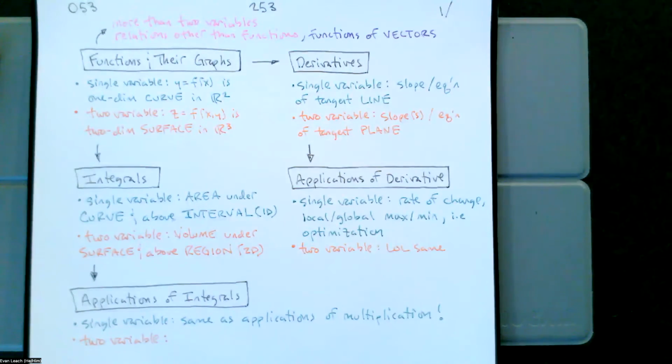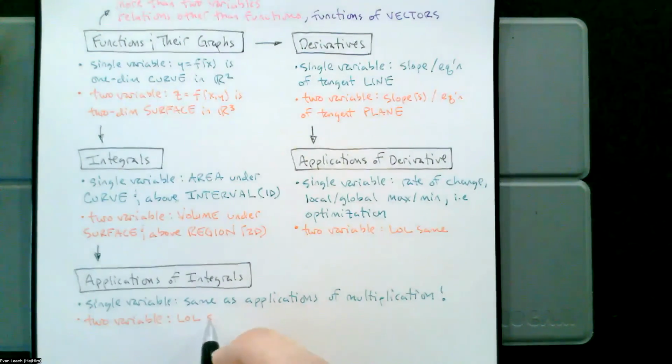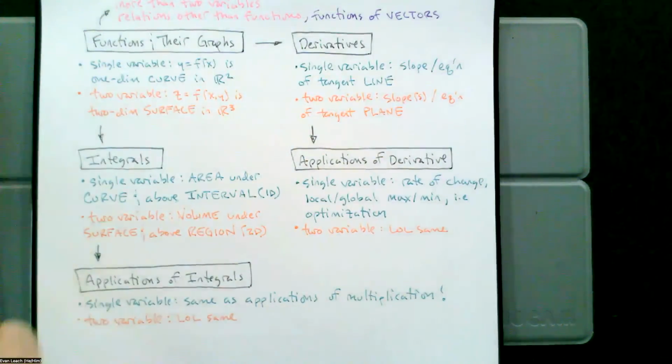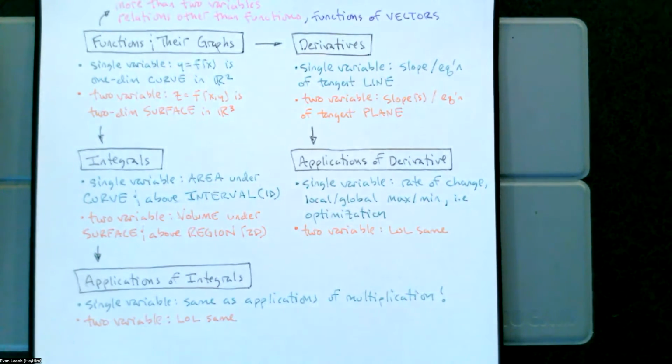The big twist here is that one of our factors is continuously variable. So our applications of functions of two variables are going to be the same as applications of multiplication.